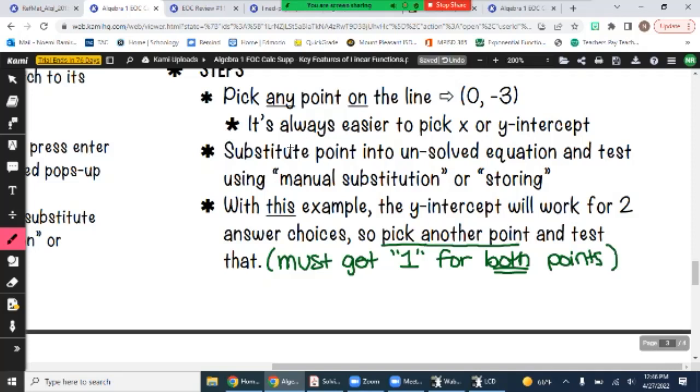You must get your equals 1 for both points. Yes, you can solve for y and compare it to the graph. This is just a way of showing you how to do it without solving for y, okay? Turn the page.